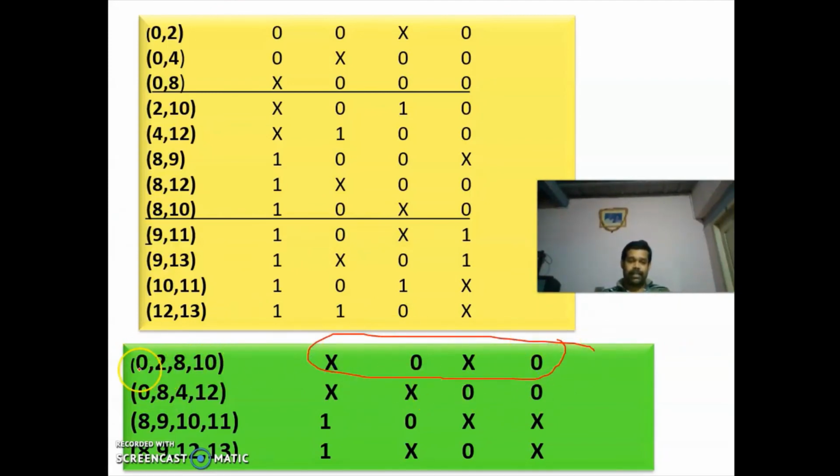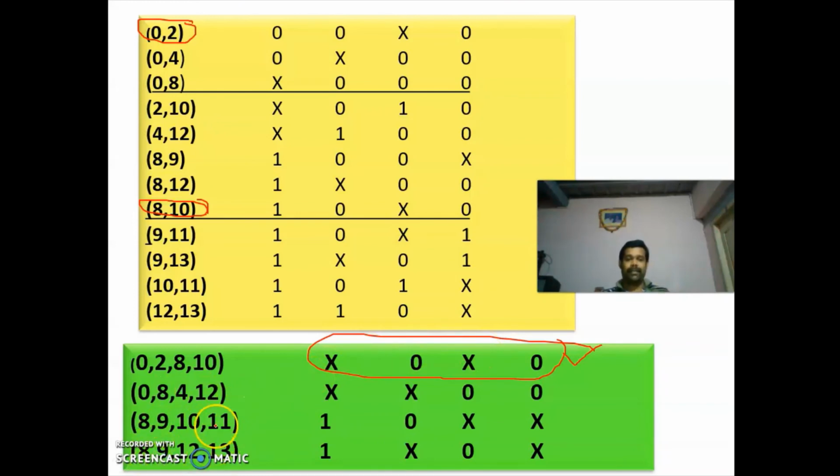For example, 0, 2, 8, 10 will be equal to 0, 8, 2, 10, like that you'll be getting. So you'll be getting the same prime implicant. If you are getting the same implicant two times, you have to consider it only once. Okay, if you are getting the same implicant more than once, you have to take it only one time.